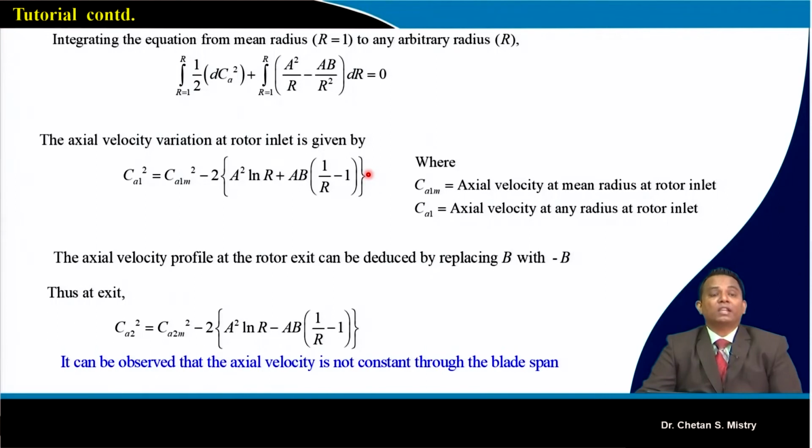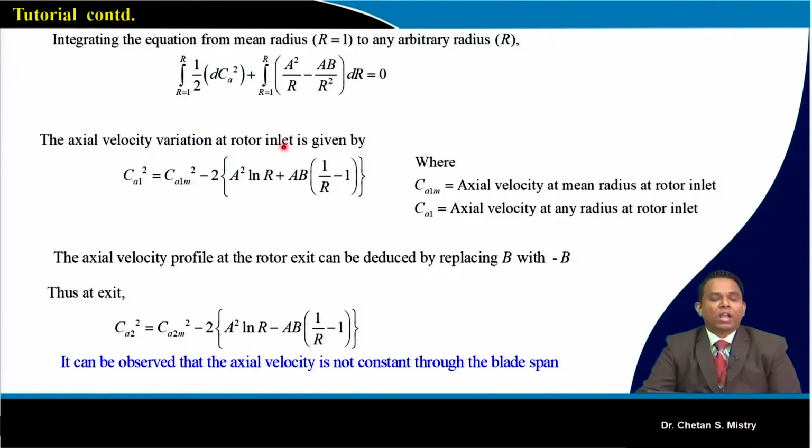Just remember, CA1m is the axial velocity at the mean radius, and CA1 is the axial velocity at a particular station.